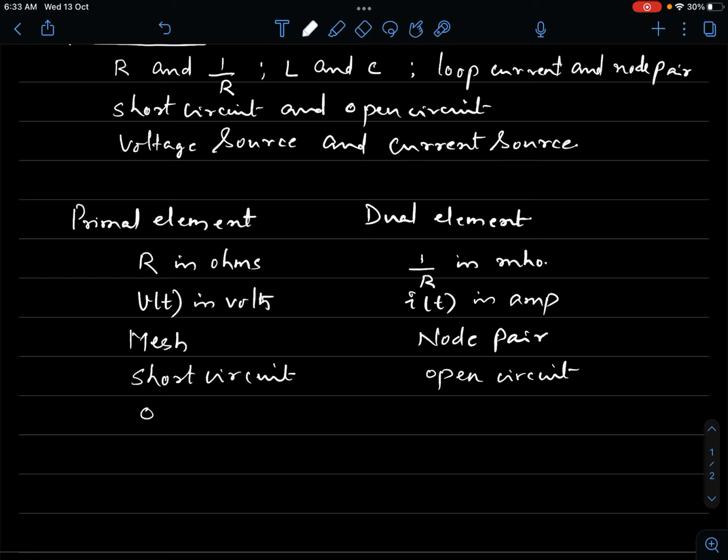If there is an open switch, if there is a switch which is open, we will get a closed switch in the dual network. If we have an inductor in henries, that results in capacitors in farads.